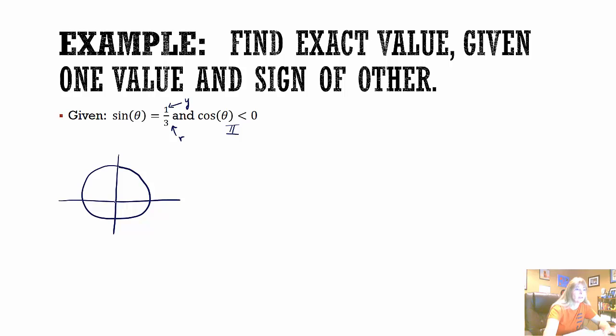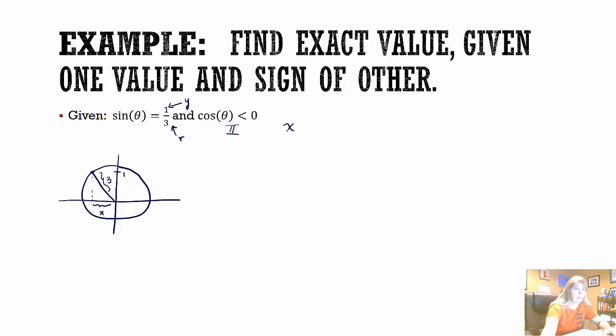I have my circle here, and I have a point where my radius, I know, is 3, and my y value, I know, is 1, and I just need to find my x value. No problem, Pythagorean, right?